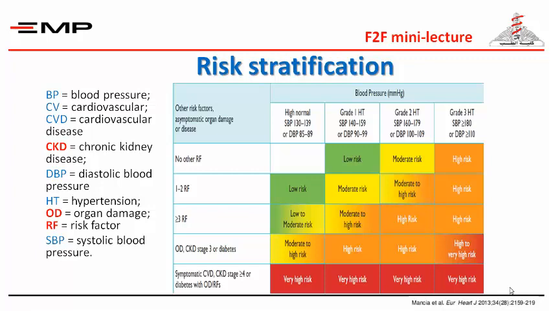The presence of chronic kidney disease and the presence of organ damage. All these factors are used in this table to risk stratify our patients. Our risk categories are low risk, moderate risk, and high risk. This table will be explained in detail in the face-to-face mini lecture, inshallah.